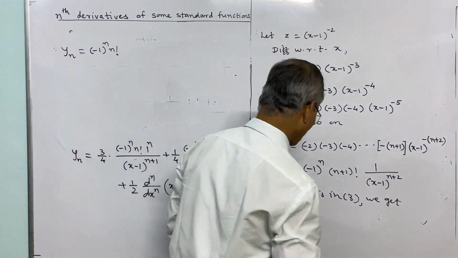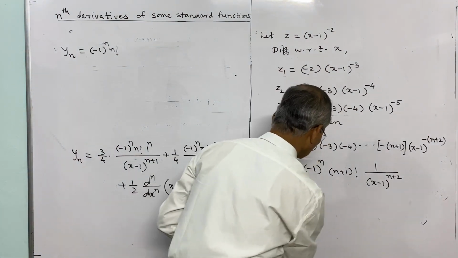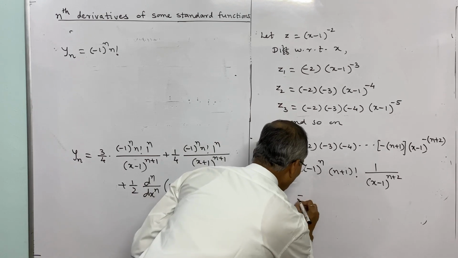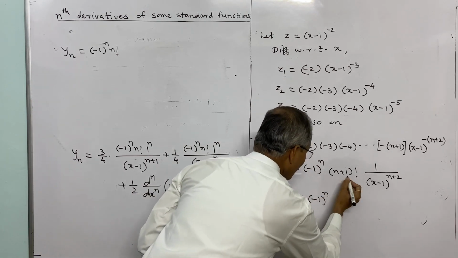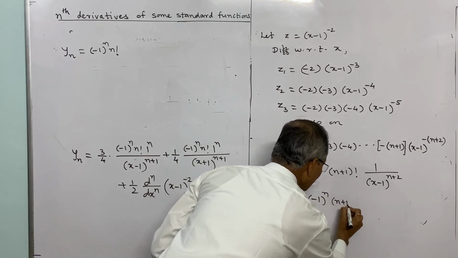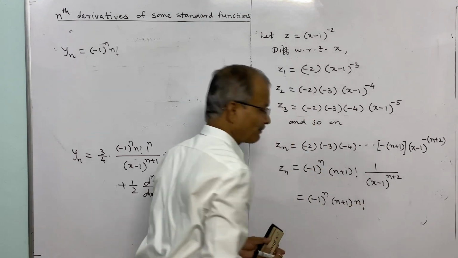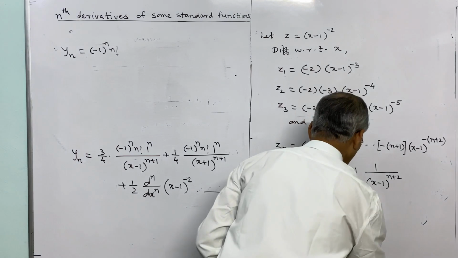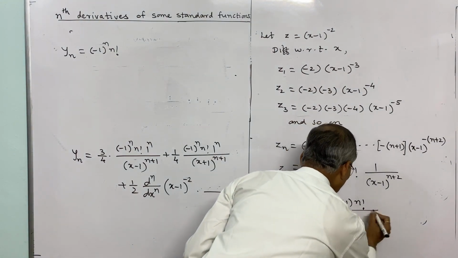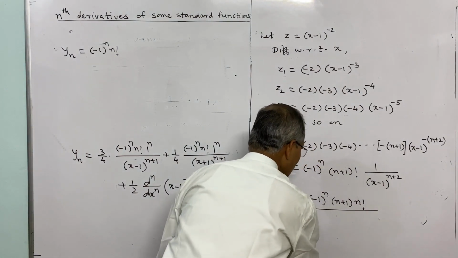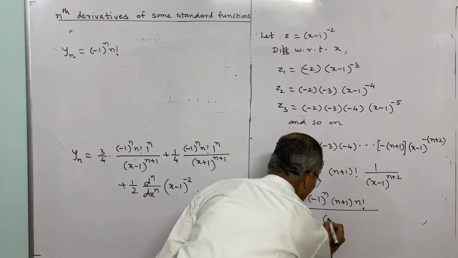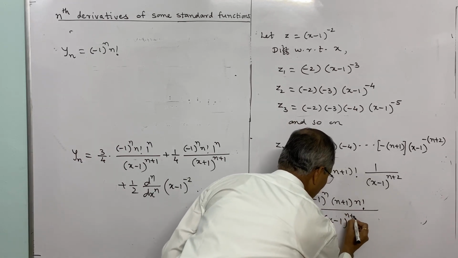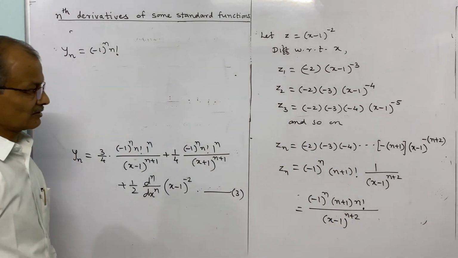So this is equal to minus 1 raised to n, into n plus 1 into n factorial, divided by (x minus 1) to the power n plus 2. So this is what zn is.